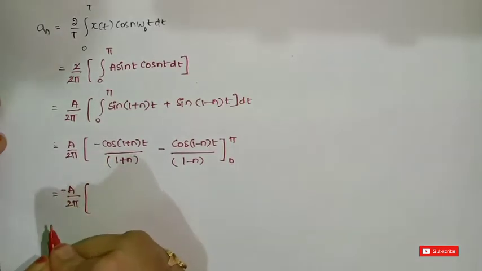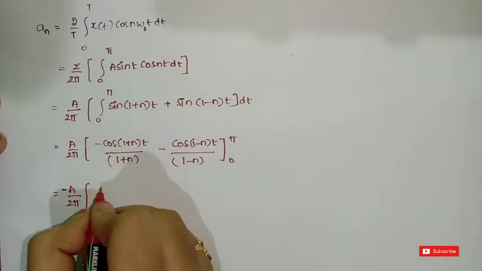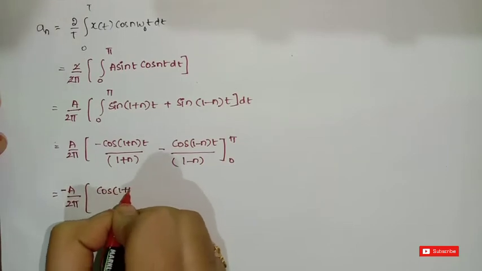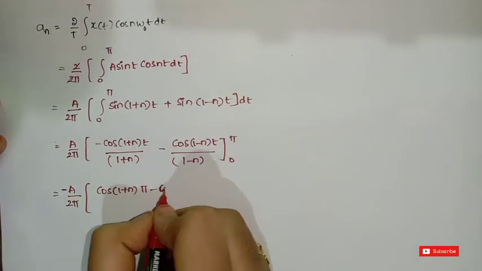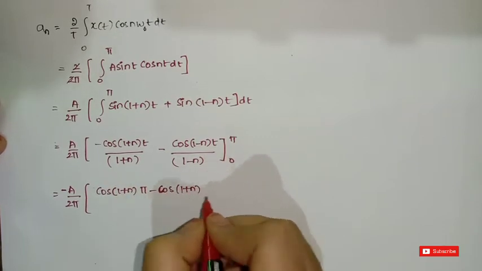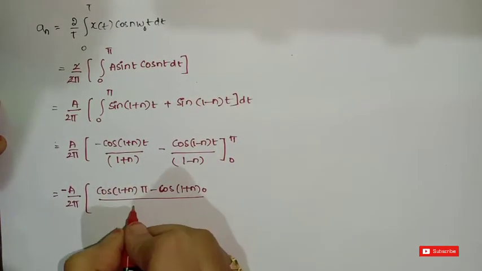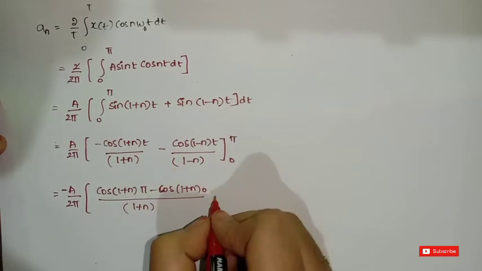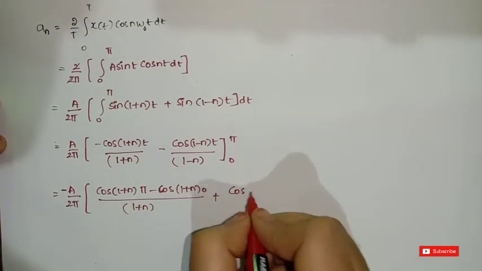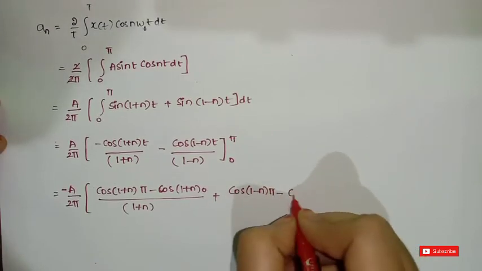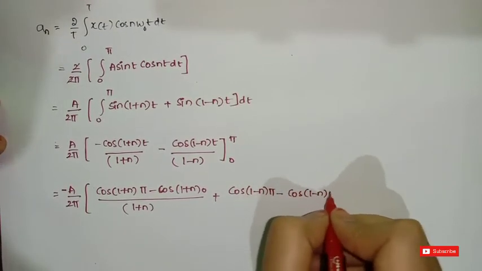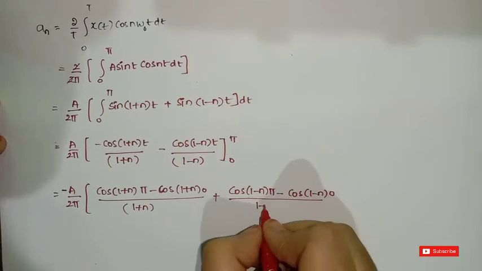If you take minus common, then minus a by 2 pi [cos(1 plus n) into pi minus cos(1 plus n) into 0] by 1 plus n plus [cos(1 minus n) into pi minus cos(1 minus n) into 0] by 1 minus n.